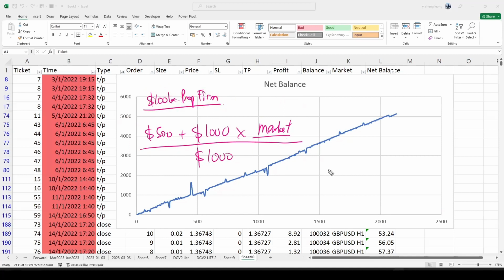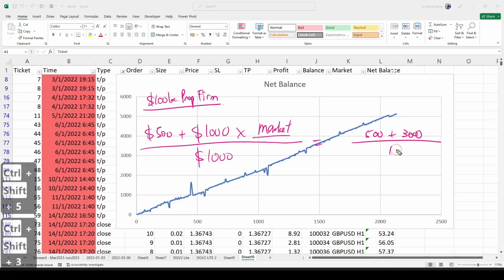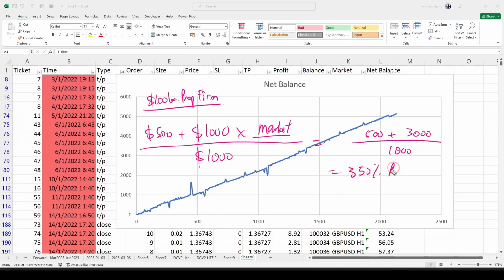Hence, let's just say that you have three markets. Three times this, about 500. 500 plus 3,000, divided by 1,000. So the ROI is 3,500, 350 divided by 1,000, about 350% ROI in a year.